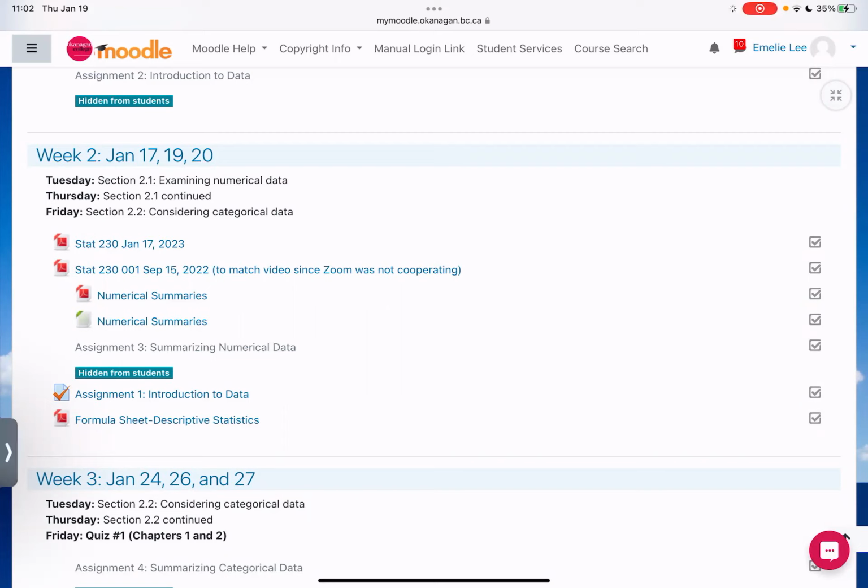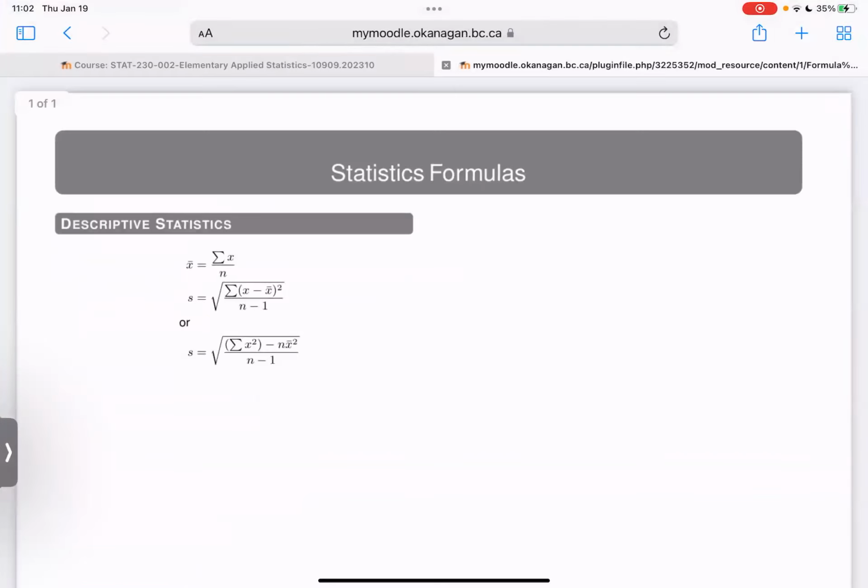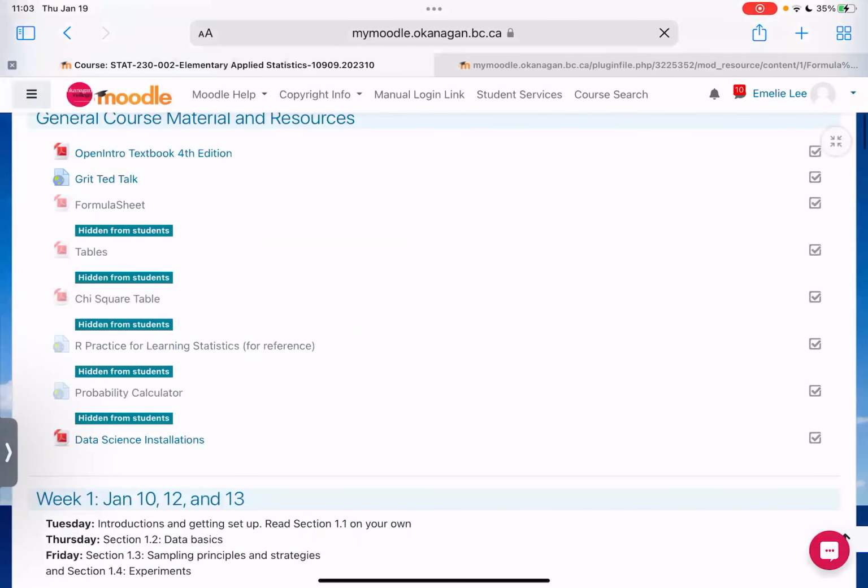But I also posted just a quick formula sheet. Now, I'm gonna add to this formula sheet as we go. Okay, so right now it looks so itty bitty. So small, so cute. Don't worry, we're gonna add to this as we go. And it is hidden right now because I don't want you to see it.